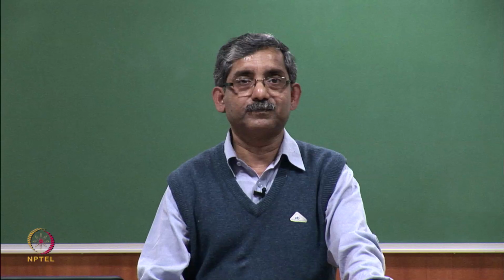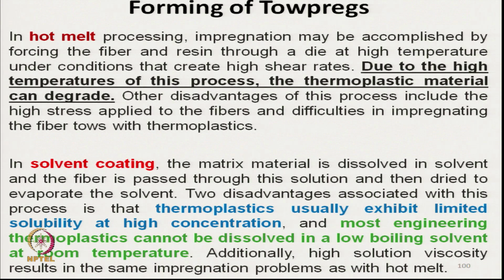If we have stiff tow preg, we cannot form the fabric, or process it in any other textile processing. In hot melt processing, the impregnation may be accomplished by forcing the fiber and resin through a die at high temperature under conditions that create high shear rate. Due to the high temperature of the process, the thermoplastic material can degrade.